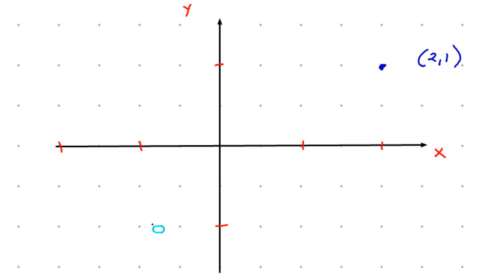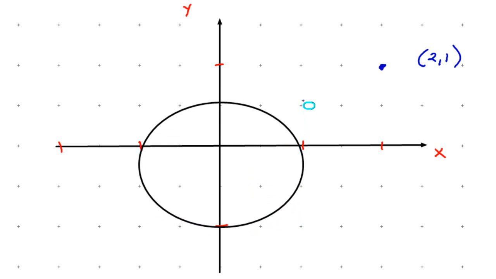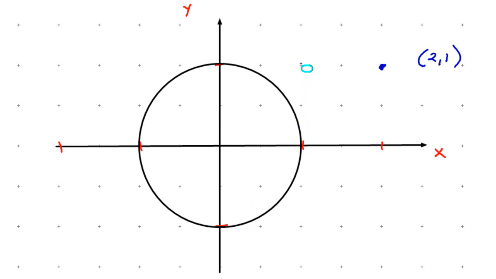If I take and superimpose a circle onto this coordinate plane, I've now essentially created a unit circle, because it has a radius of 1 going all the way through here.